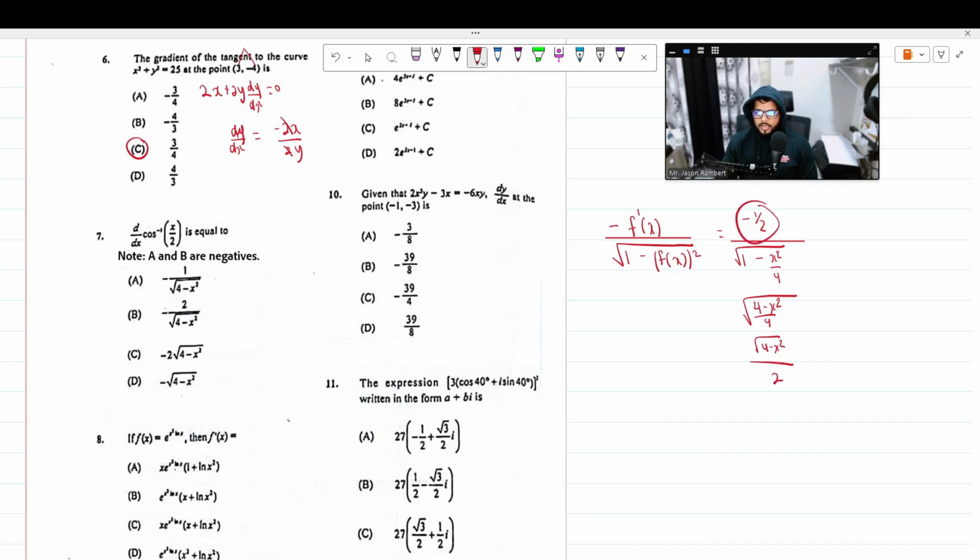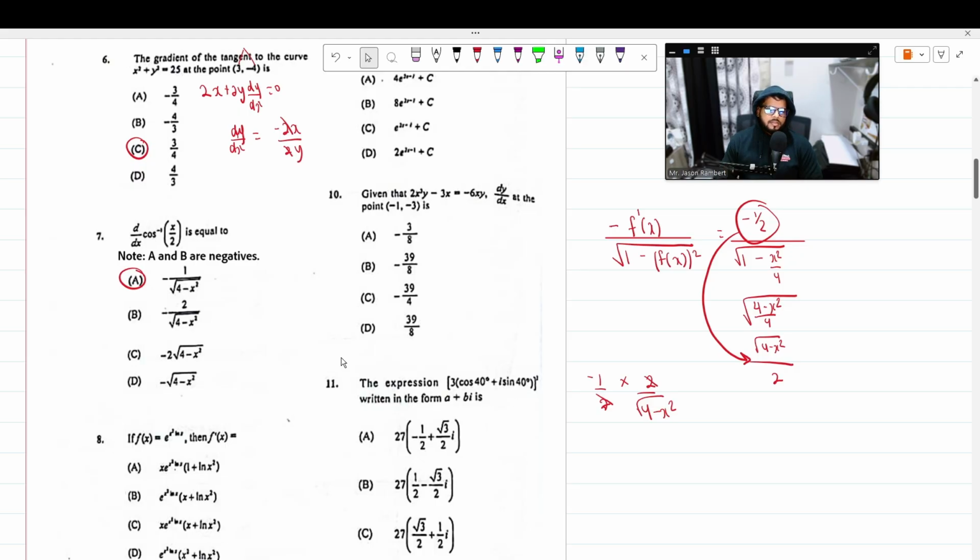So it's minus 1/2 over this, which is minus 1/2 multiplied by 2 over root 4 minus x squared. So we're going to get minus 1 over root 4 minus x squared. The answer is A.